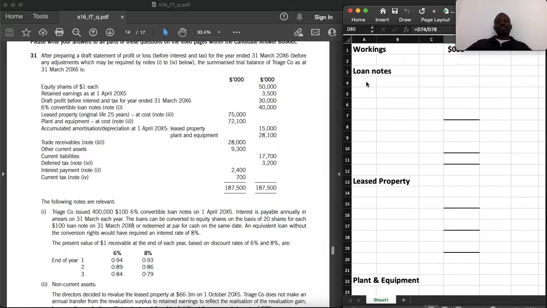So before we split the equity and the liability portion, we discount all the relevant cash flows of the convertible loan.